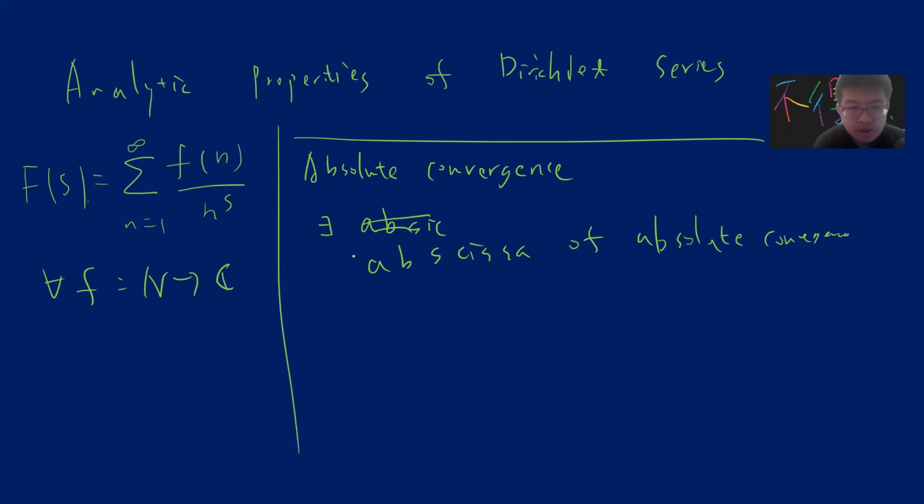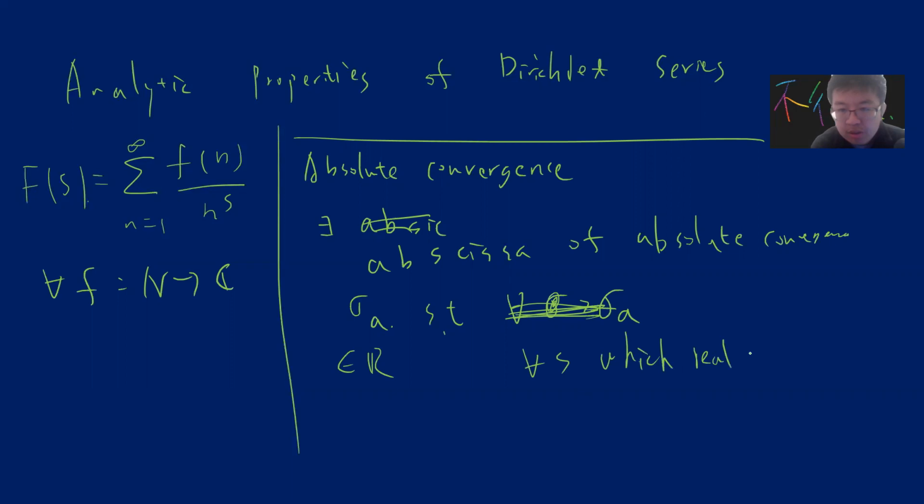There is a real number, called sigma_A, such that for every s with real part greater than sigma_A, say s = sigma + it with sigma greater than sigma_A, F(s) converges absolutely.